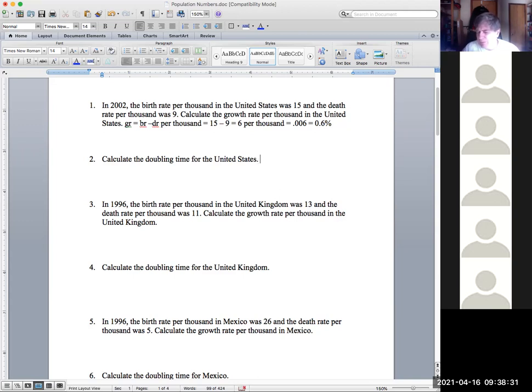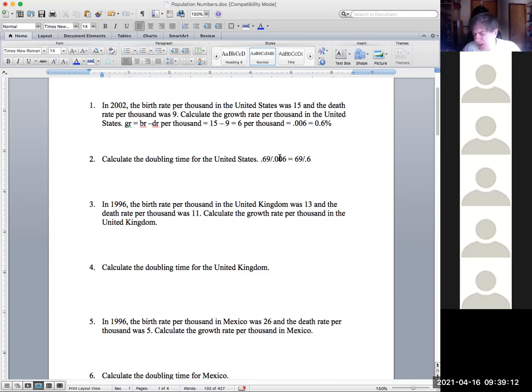Now, the next question says, calculate the doubling time for the United States. Okay, so for the United States, depending on what we want to use, remember we said there's that thing called the rule of 69. If we want to use a decimal, we're going to do 0.69, and we're going to divide that by 0.006. Now notice numerically, if you don't want to do that, this will give you the same answer as 69 divided by the percentage.